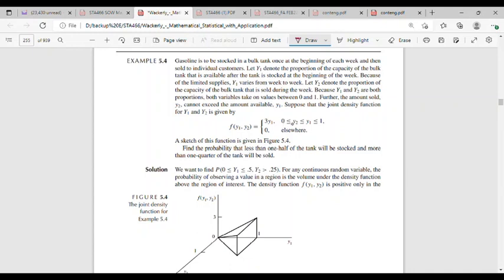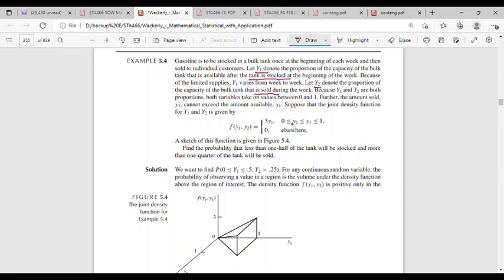So y1 ni adalah proportion of the capacity of bulk after the tank is stocked. Okay, stock. And then y2 pula denote the proportion of the capacity of the bulk tank that is sold during the week. y1 stock, y2 sold.